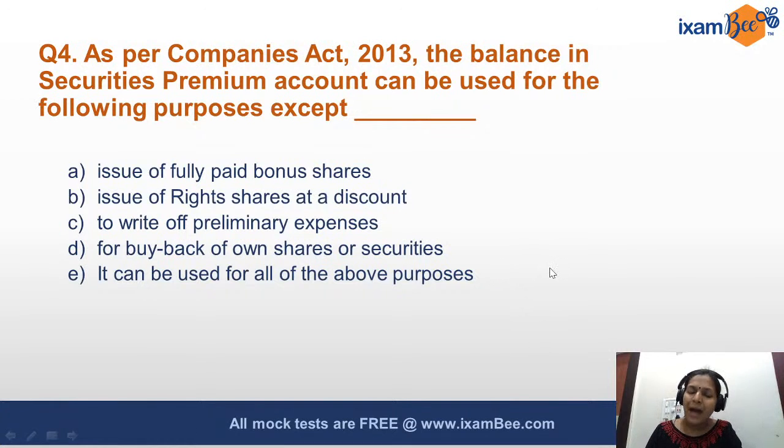So this balance they can use for which of the purposes? Can it use it to issue fully paid bonus shares? Can it use it to issue rights shares at a discount? Can it use it to write off preliminary expenses or for buying back of own shares or securities? Or it can be used for all of these purposes.